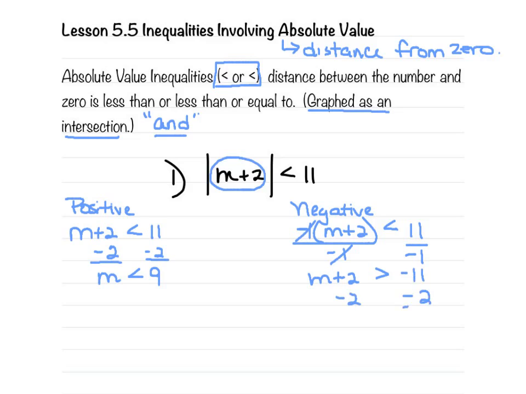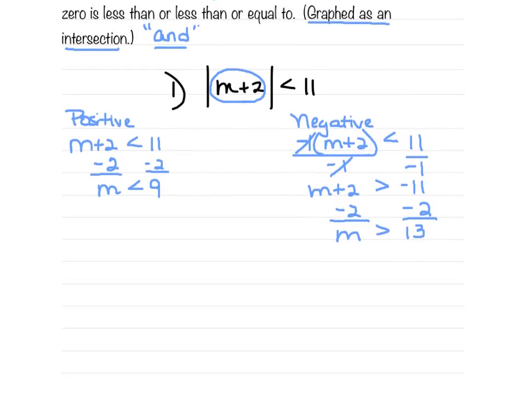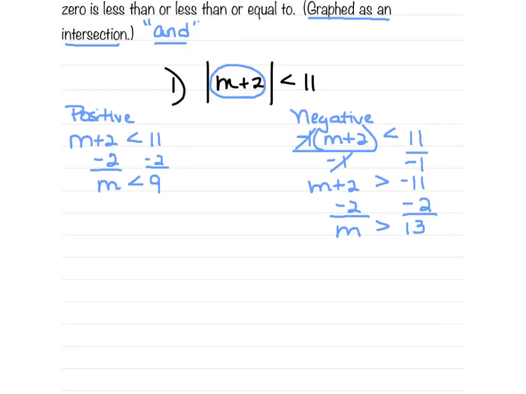Let's subtract 2 on both sides, and M is greater than -13. Recall that this is an and situation. So we can write our solution this way: all values for M where -13 is less than M, which is less than 9.